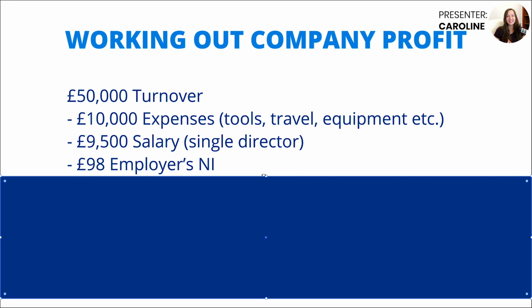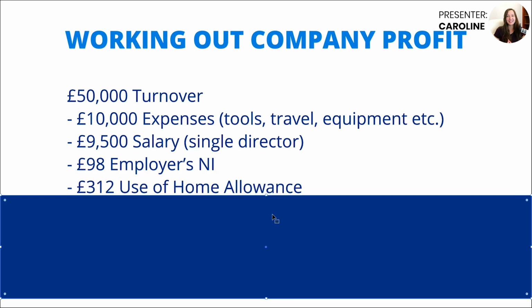The employer's national insurance threshold for next year, or the upcoming year starting April 2020, is going to be £8,788, which is less than the employee's national insurance threshold, which is why we don't have any employees here, but it wouldn't be added into here anyway because that's all with personal tax. And right now we're looking at only company profit. So it's nothing to do with personal tax just yet. And then we've got the use of home allowance, which is the £6 per week.